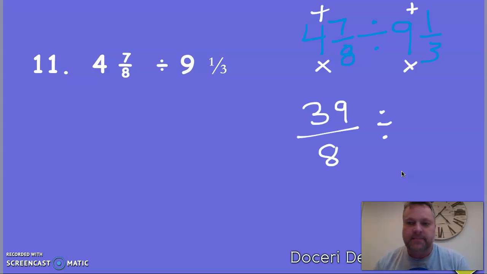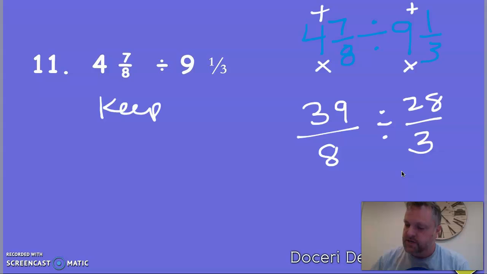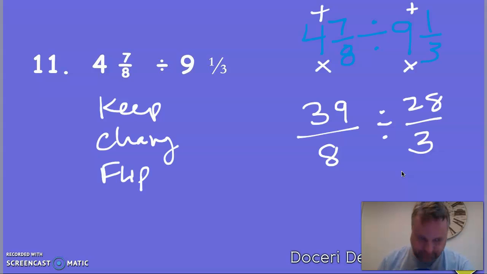And then the same thing happens on 9 1/3. I multiply the 3 times the 9, which is 27, plus the top, the numerator, which is 28. Now I get to use my keep, change, flip method that we have been talking about.